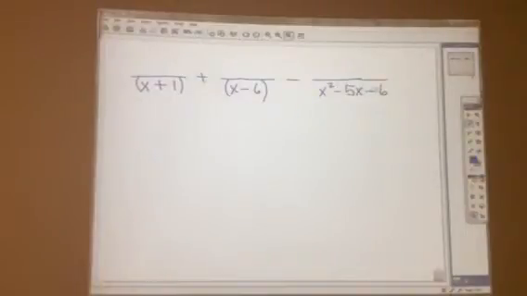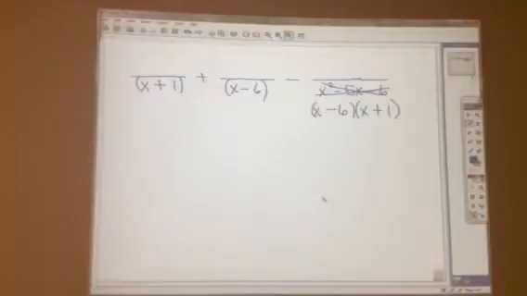Now I have a trinomial here. What do I need to do to this trinomial before I can even look for a common denominator? I must factor this trinomial into 2 binomials. It will factor into x minus 6, x plus 1. So that is replaced with 2 binomials.